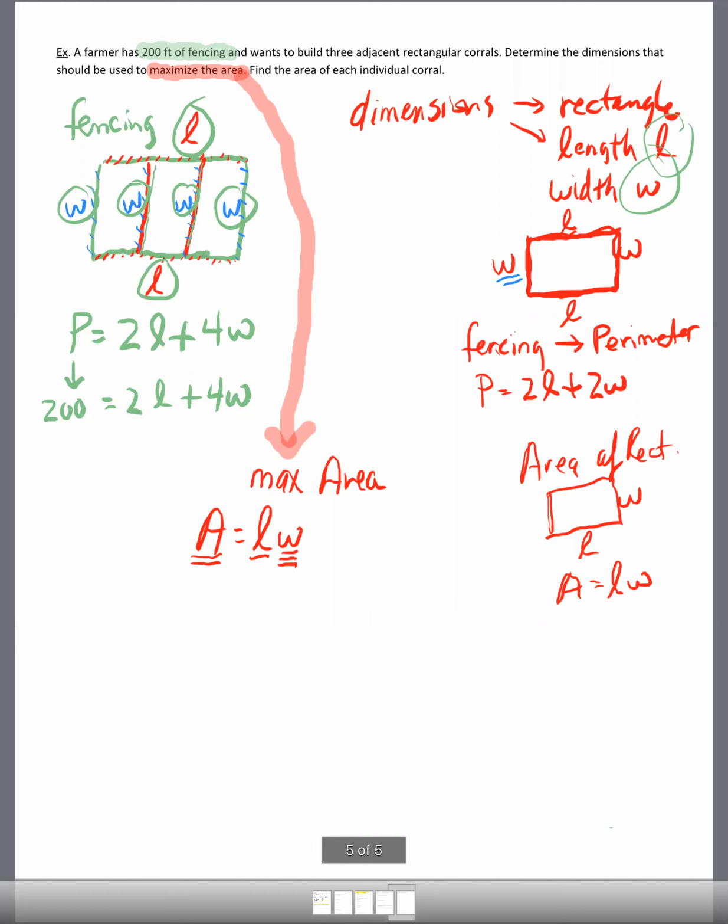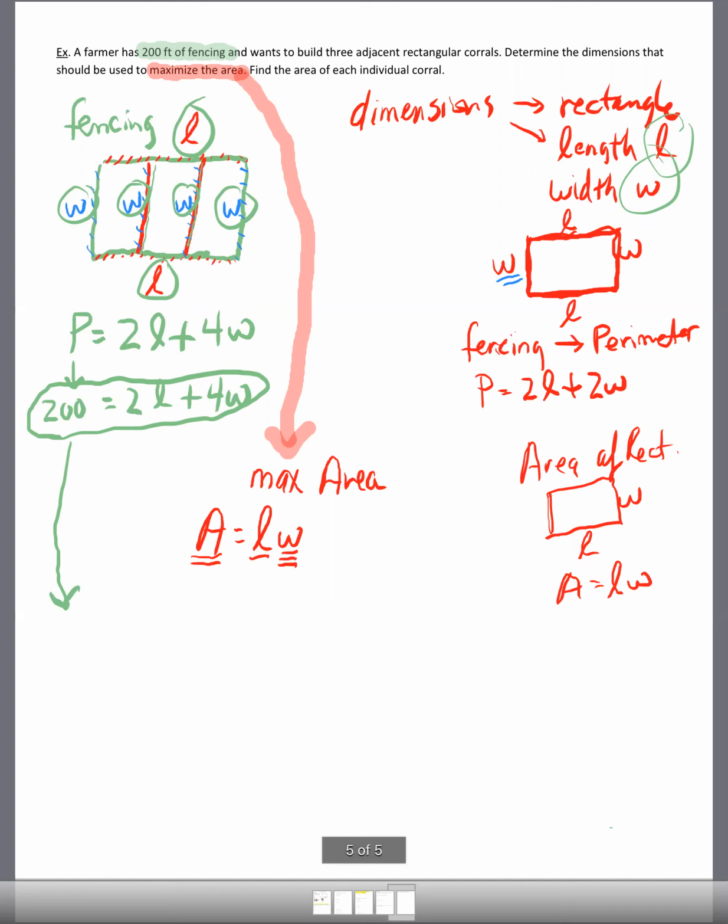What you and I know is this piece of information right here. Since it says find the area of each individual corral and determine what your dimensions are, since it didn't say go find the length or go find the width, I can do whichever one I would rather do.